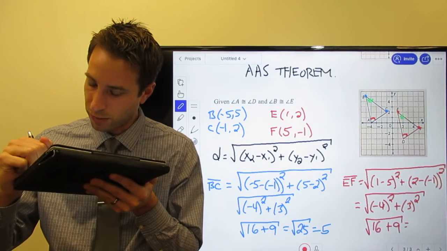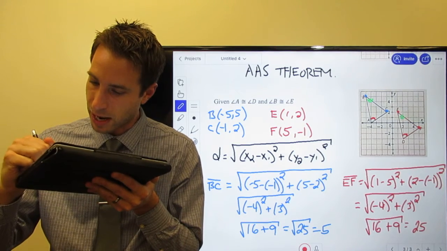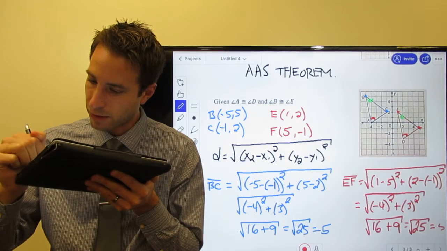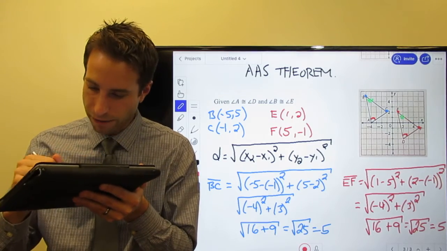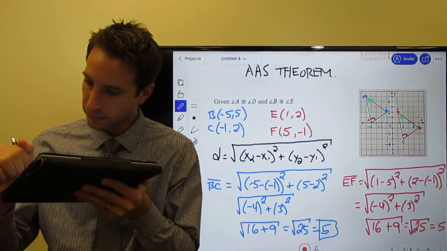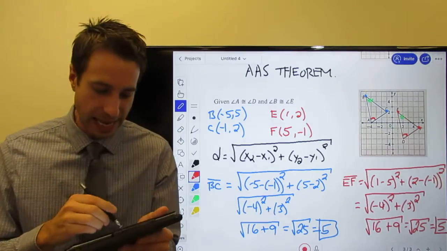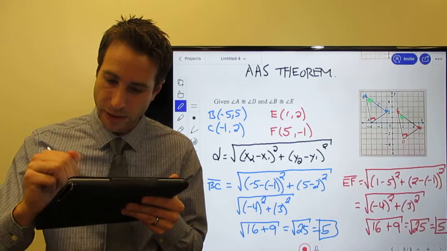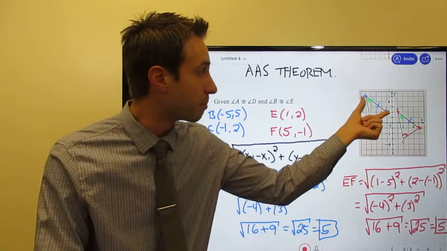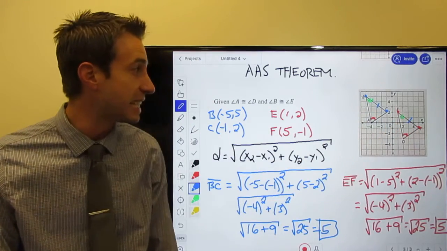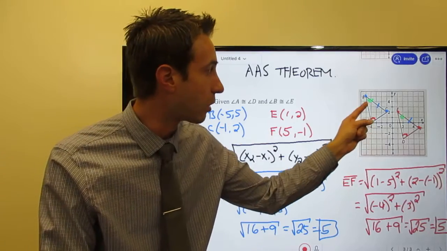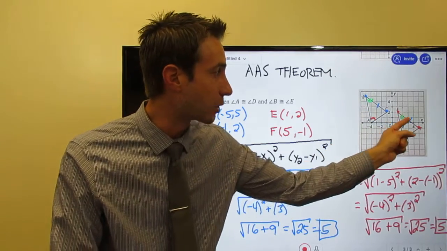And no surprise, 16 plus 9, square root of 25, which is equal to 5. So sure enough, I get the same answer for both of them. What does that tell me? Well, that tells me that those guys are congruent. BC is congruent to EF, and now I've got it. Angle, angle, side, angle, angle, side.